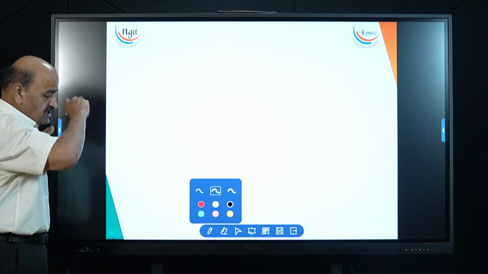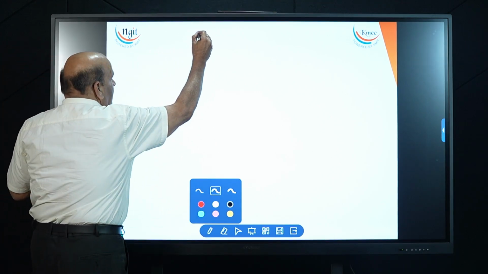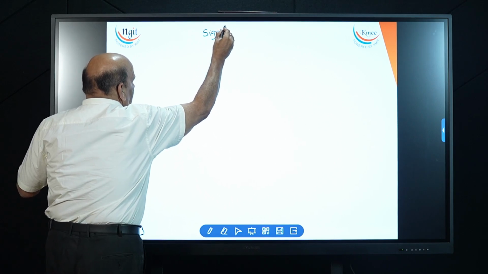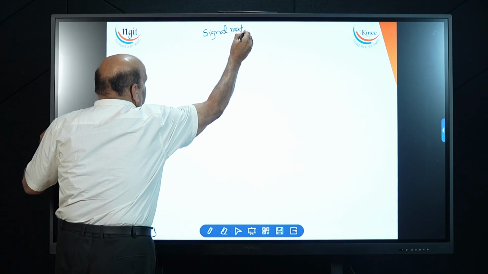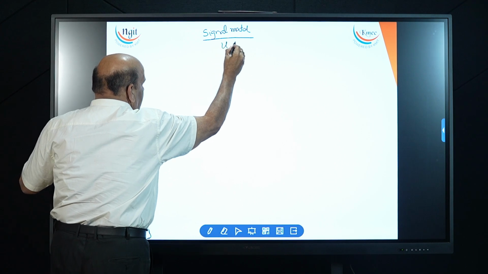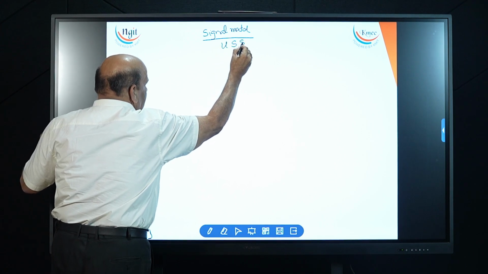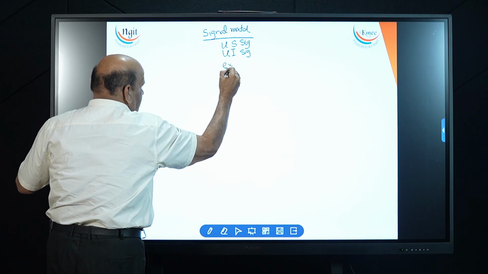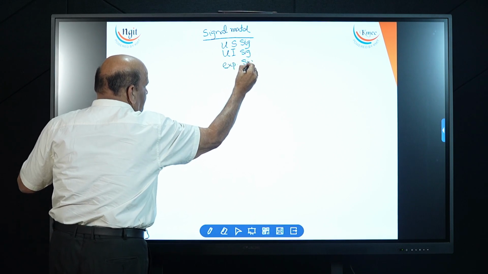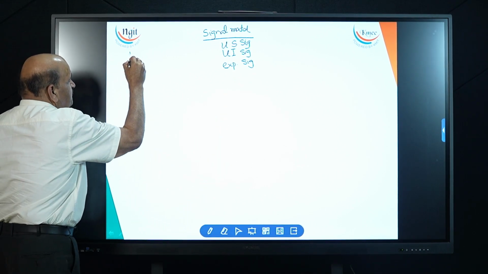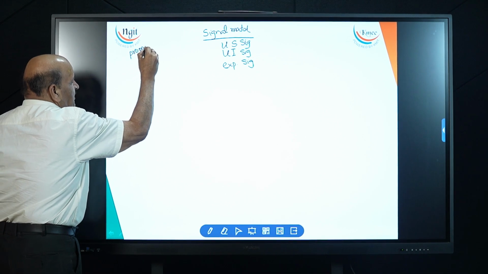Now, look at the signal models. We discussed the unit step signal, unit impulse signal, and exponential signal. These three signals we discussed. Now, what are the properties of signals?